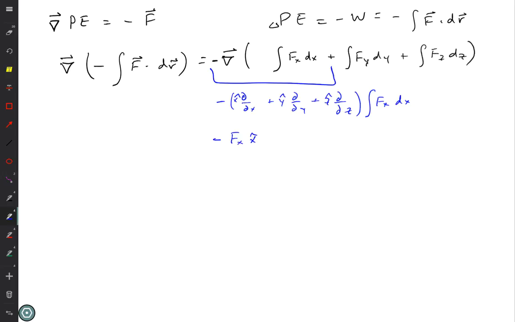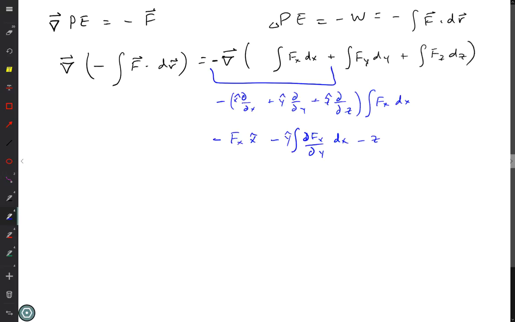For the next two terms, I'll have minus the integral of the derivative of f of x with respect to y dx in the y hat direction. So I'll put the y hat out front.